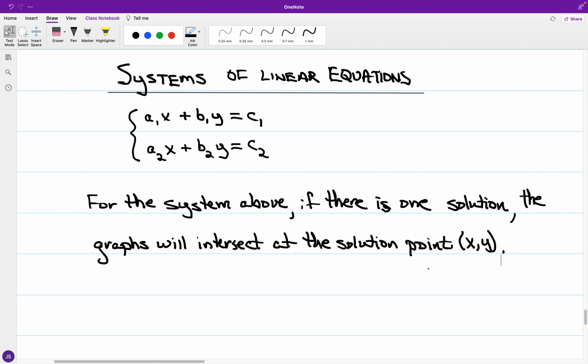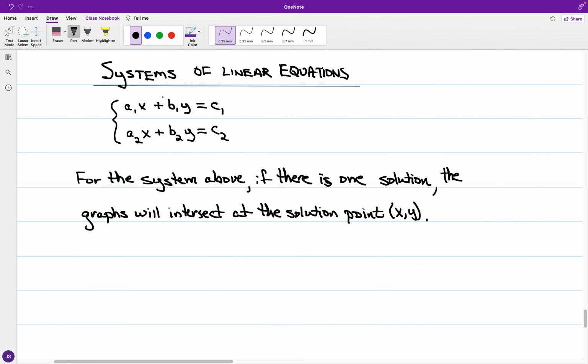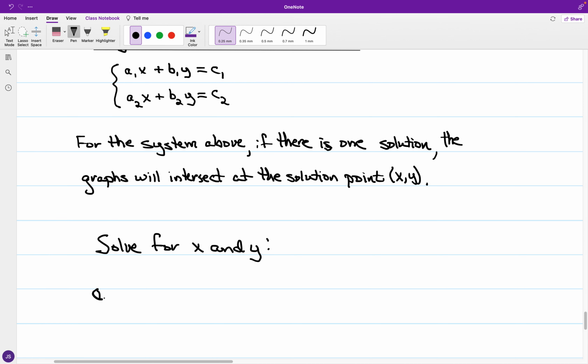Now let's say for systems of linear equations, I'll show you two of the same kind of approach and one that's going to be distinct. Now let's say you're looking at solving for x and y. For the first system, we'll say we have 3x minus y is equal to 3.